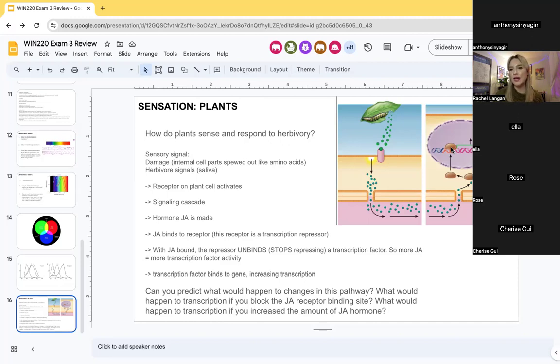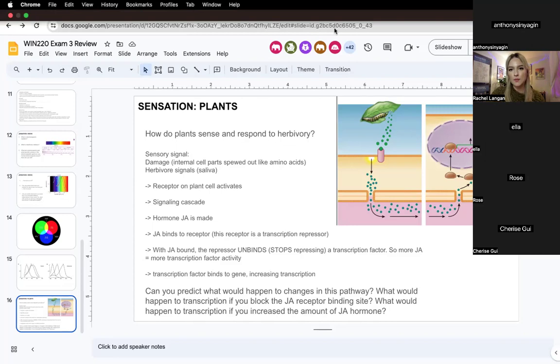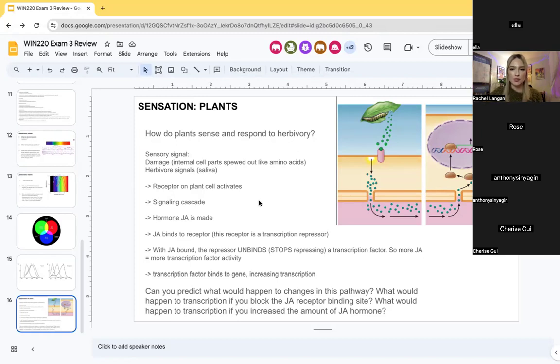Exactly that. I would know that in general, herbivory causes JA hormone to increase, and JA is going to cause the transcription factor to be able to bind and increase transcription. So herbivory is going to increase transcription. And then if you're given the pathway, like you have the diagram for the pathway, and I say something's going to change, can you tell me the result of that change?